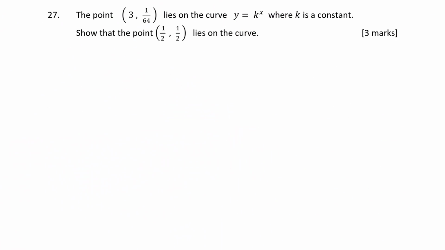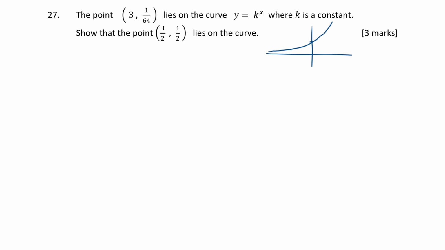Right, question 27. The point (3, 1/64) lies on the curve y equals k to the power of x, where k is a constant. Show that the point (1/2, 1/2) lies on the curve. Okay, now this is what we call an exponential curve, and exponential curves always look like this. You should know your graph types.